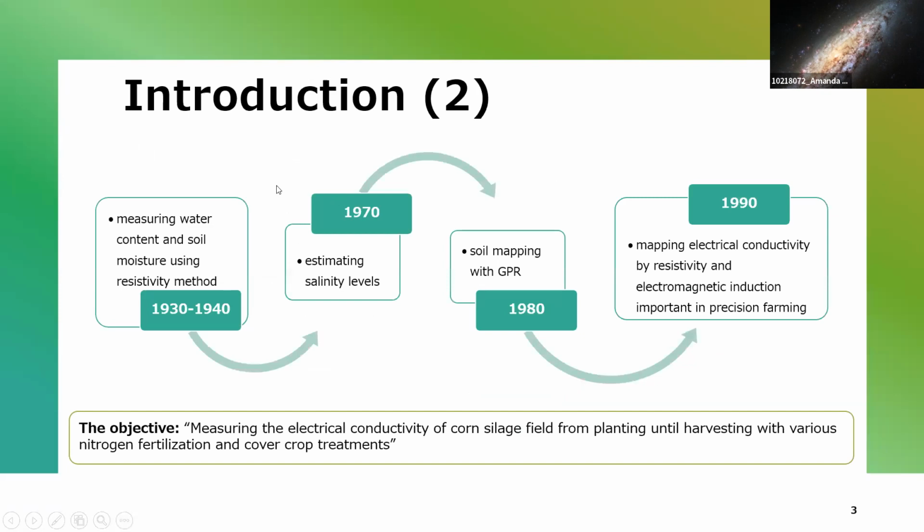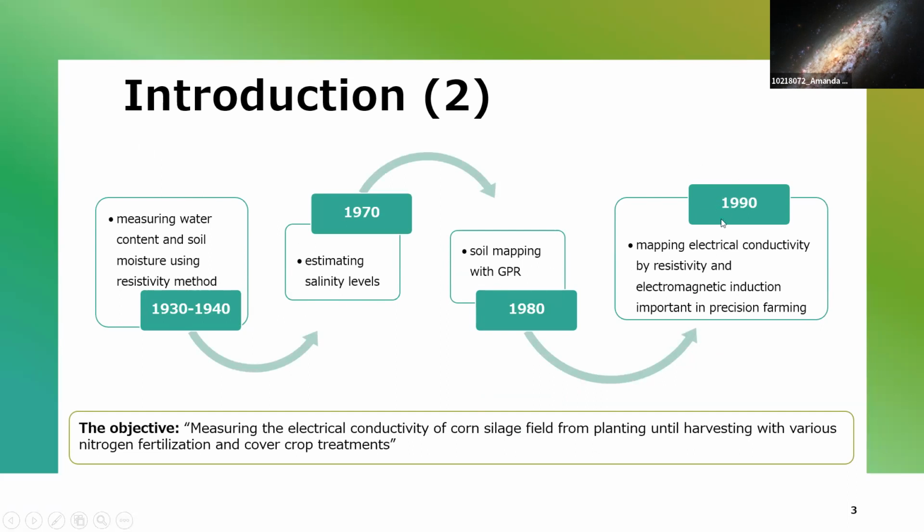The development of geophysical methods for agriculture application began in 1930 until 1980. In those years, the resistivity method and the GPR method were used to measure water content and soil moisture, estimate salinity levels, and for soil mapping.